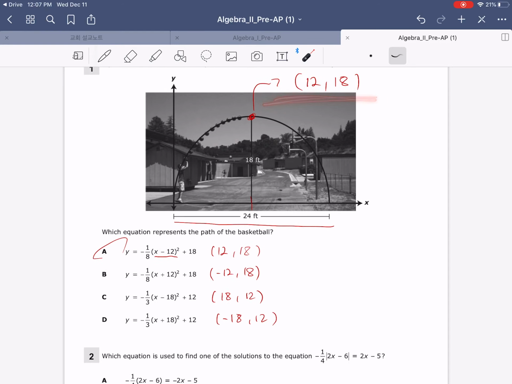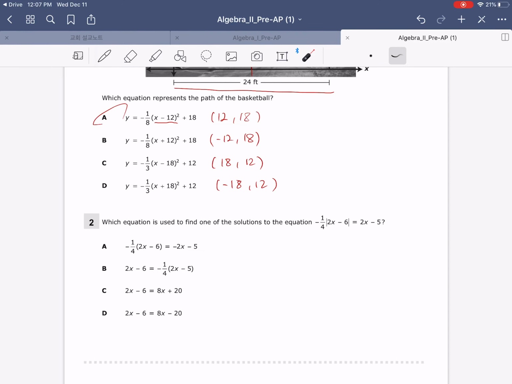Okay. Question number 2. Which equation is used to find one of the solutions to this equation? Again, you cannot really use a calculator. I mean, one thing you can do is put every single choice into the nSolve and see which one matches.